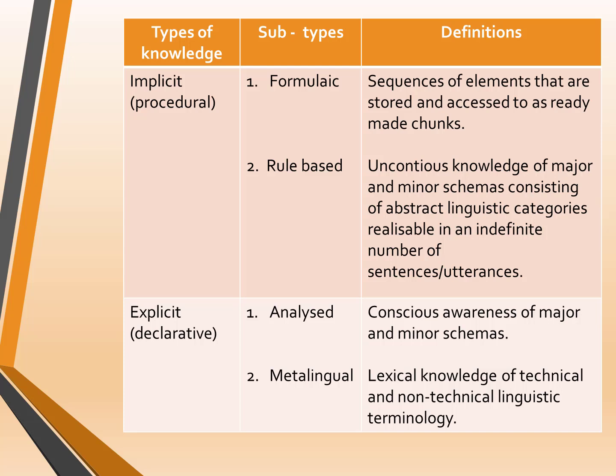The first one is the implicit procedural one, which is the set of linguistic items, the formulaic language that they will store in their long-term memories, that is, sequences of elements that are stored and accessed as ready-made chunks, as lexicalized items, and the rule-based system, which is the unconscious knowledge of major and minor schemas consisting of abstract linguistic categories realizable in an indefinite number of sentences or utterances, that is, the grammar rules of the language.